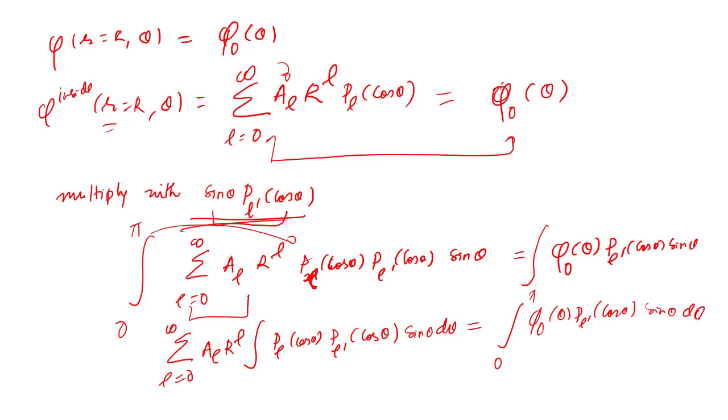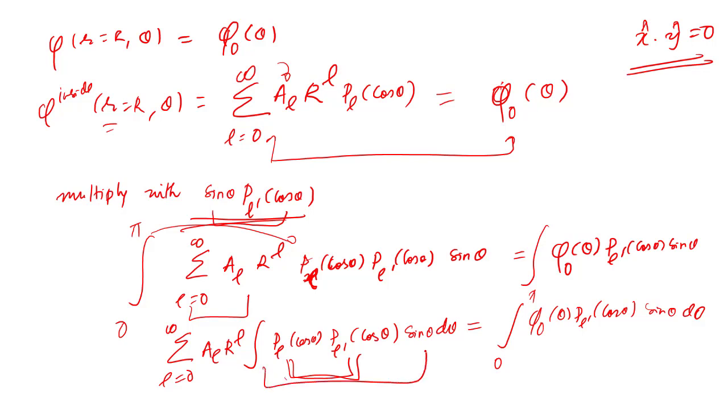But recall that we have looked at the orthogonality relationships between P_L and P_L prime. We saw this is very similar in an analogous way to saying x dot y is equal to 0. So this would be 0 unless L is equal to L prime.